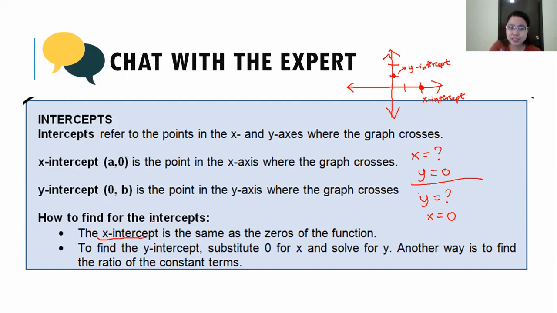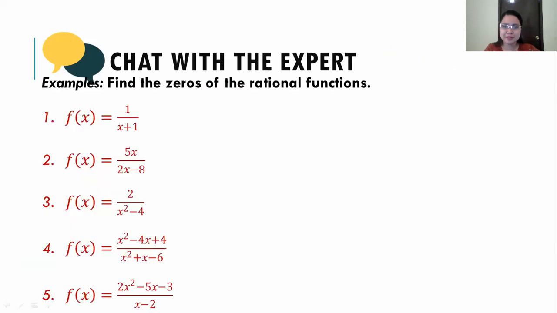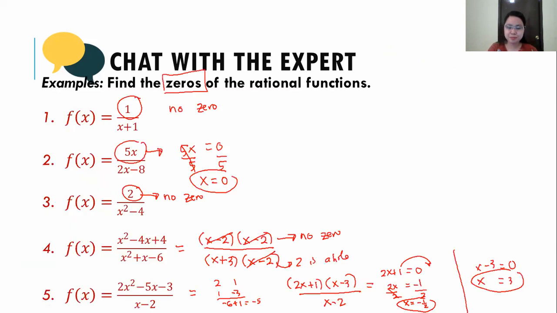The x-intercept is the same as the zeros of the function, while the y-intercept will be the constant terms. Example. Okay, let's remember the previous one, because it's a continuation. You can take a photo of that. So as we go to the next one, we no longer need to solve, but we'll just copy.